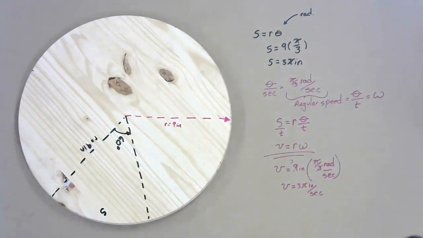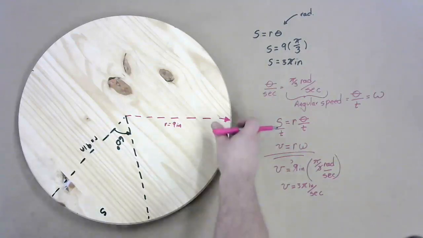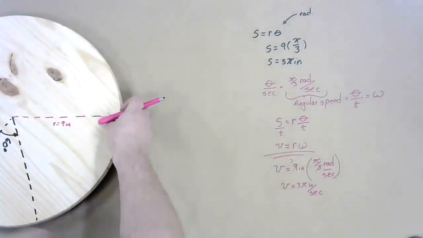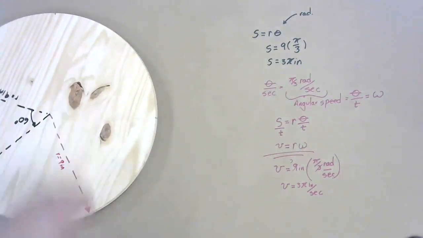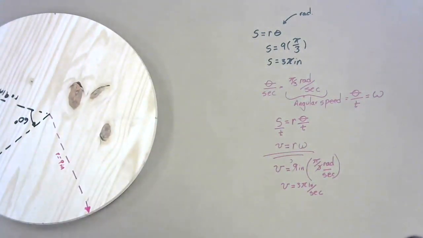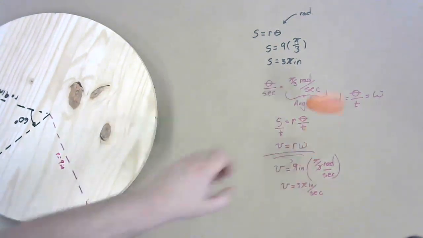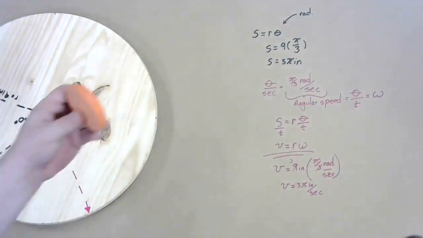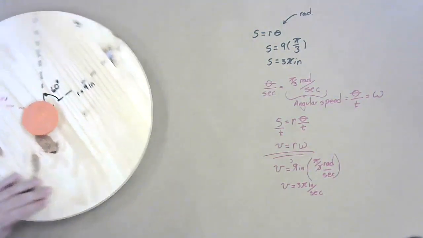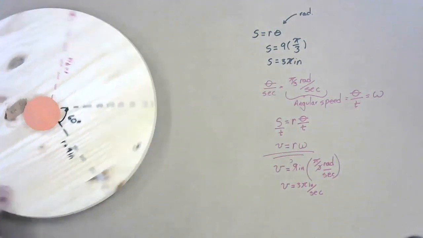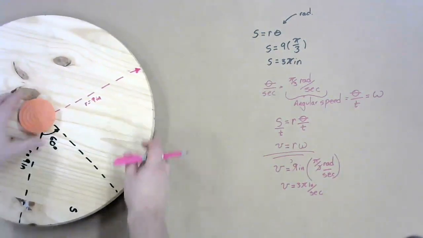So let's say instead we want to speed this thing up, have it spin quite a bit faster here. And instead of looking at this big circle, I want a much smaller circle. So we'll take that smaller circle near the middle of my rotation here.